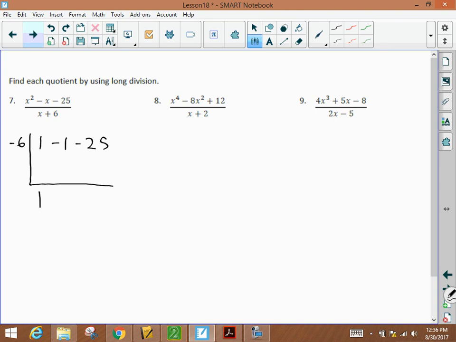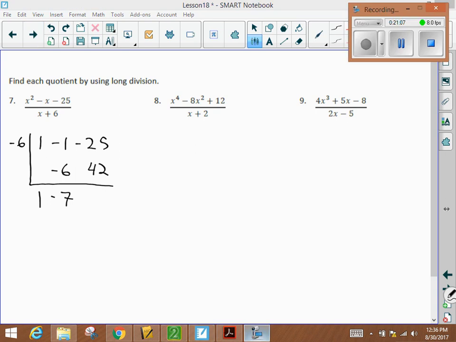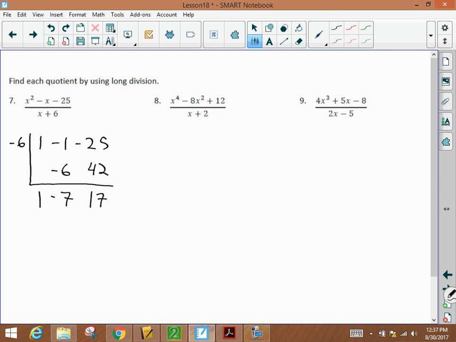Negative 6 times 1 is negative 6. Negative 1 plus negative 6 is negative 7. Negative 6 times negative 7 is positive 42. And when I add these two, I am left with 17. So that's my remainder, right?